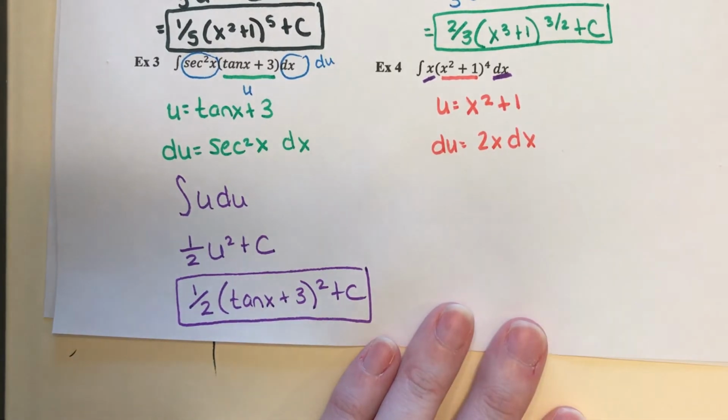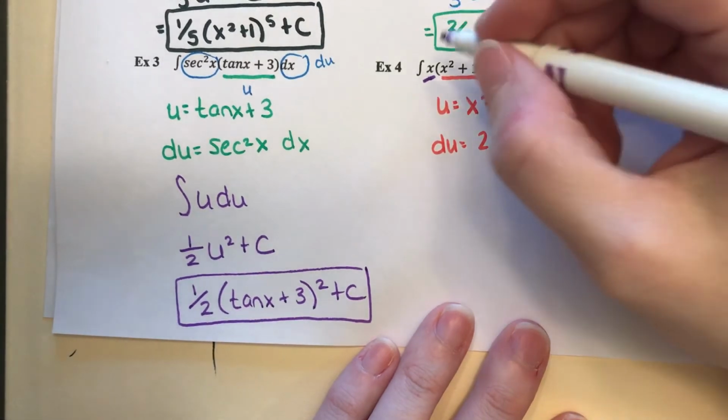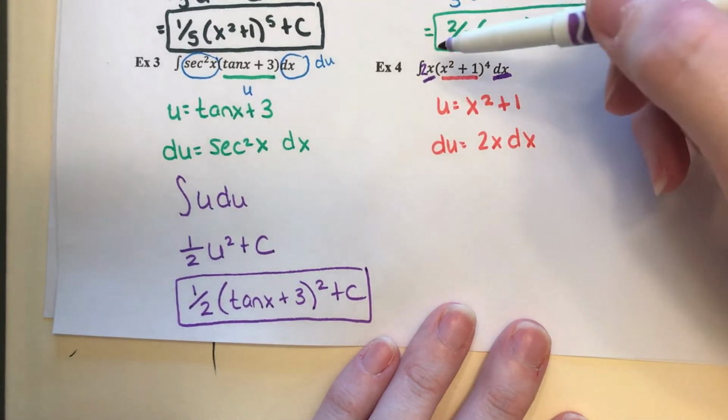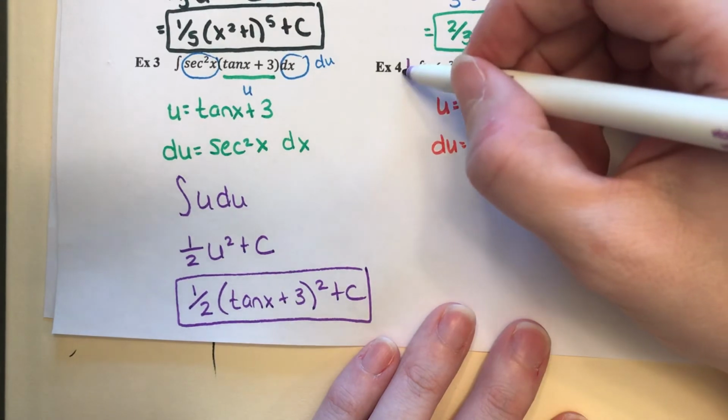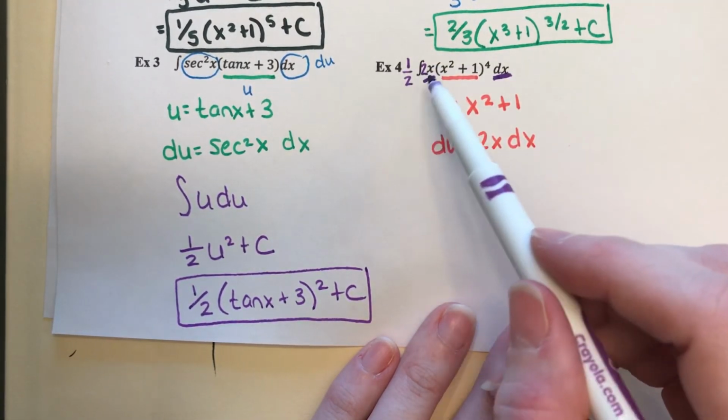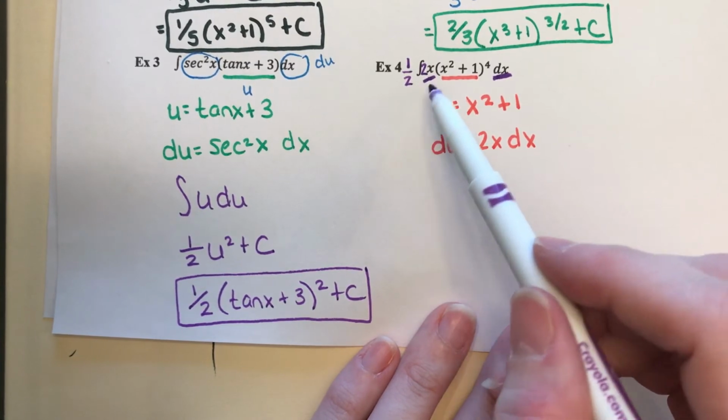I have my u, but I have an x dx, but the problem is I need a 2x dx. So there's a way to fix this, and it's kind of weird. We need the 2, so I'm going to put the 2 in. And that seems weird that you can do that. You really can't do that. So how we're going to fix it is if I put a 2 in on the outside, I'm going to put in a 1/2 because 1/2 times 2 is 1. So really, I didn't change the problem at all.